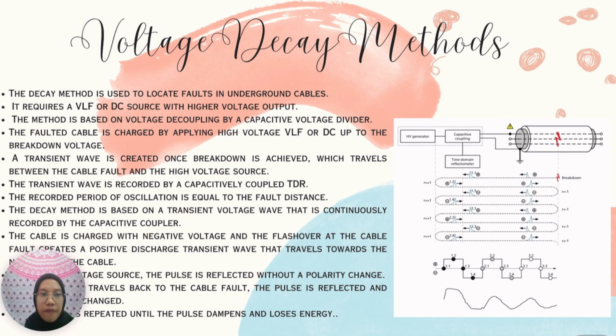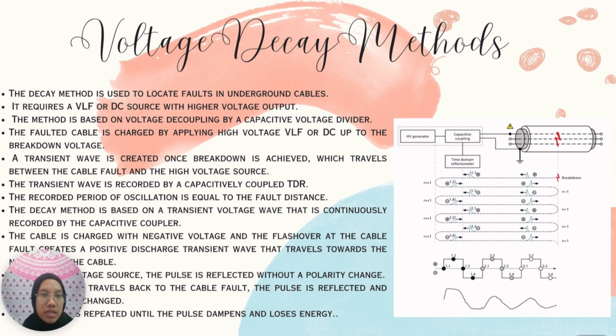The transient wave is recorded by a capacitively coupled TDR, and the recorded period of oscillation is equal to the fault distance. So the decay method is based on a transient voltage wave that is continuously recorded by the capacitive coupler.